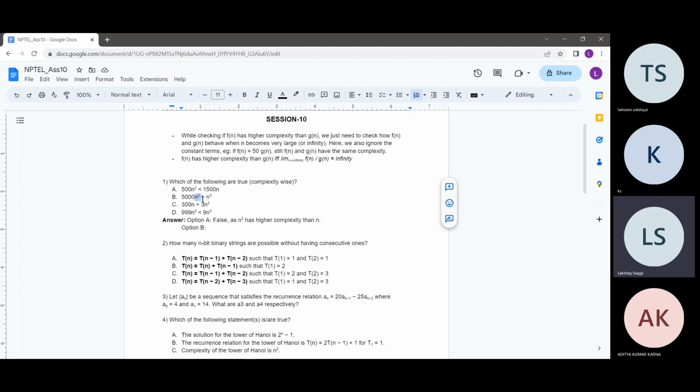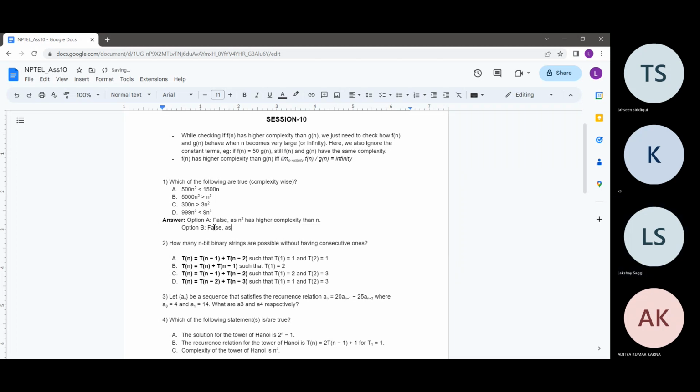It's no big deal. So this statement is also in fact false, as n cube will be of higher complexity than n square. So this is also false. I hope what I'm saying makes sense to you guys. If it's not clear, you can just type in chat and I can repeat the arguments or try to explain them in some other manner.